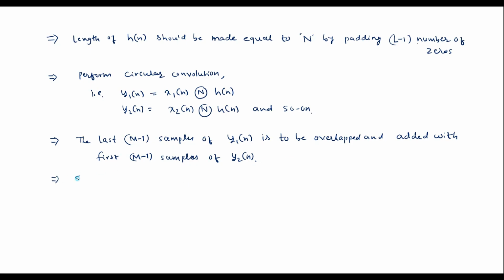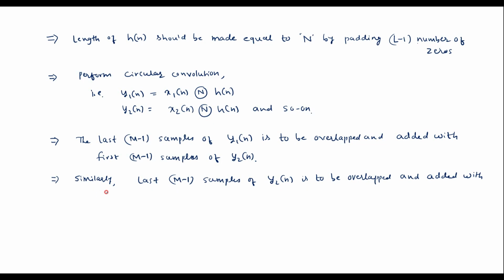That is, I can write similarly last m minus 1 samples of y2 of n is to be overlapped and added with first m minus 1 samples of y3 of n, and so on.